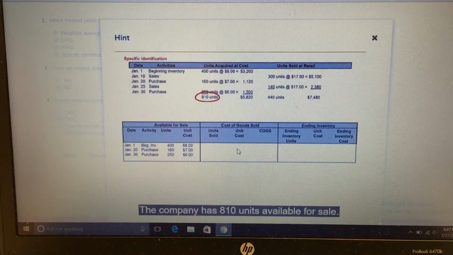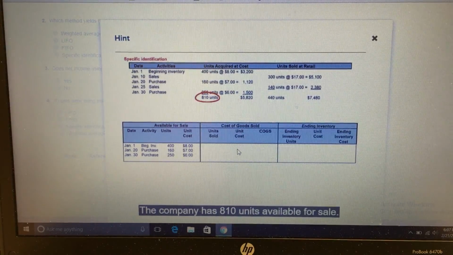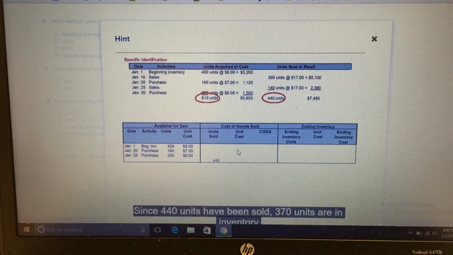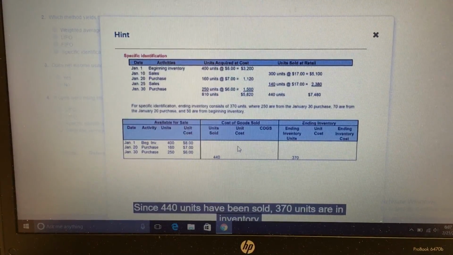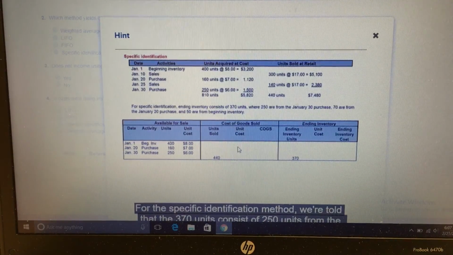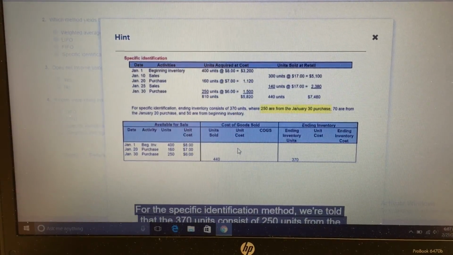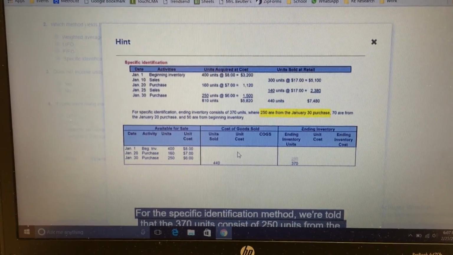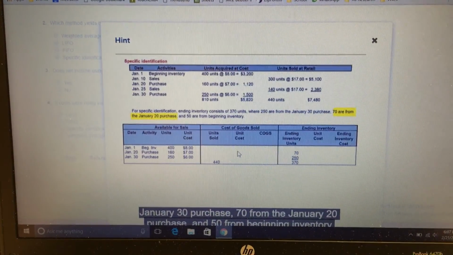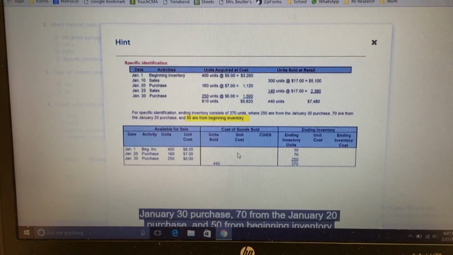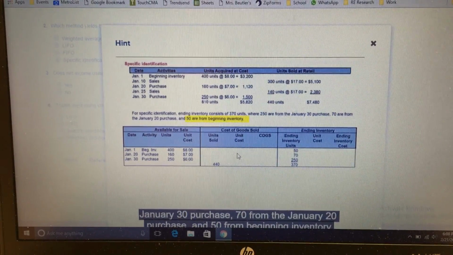The company has 810 units available for sale. Since 440 units have been sold, 370 units are in ending inventory. For the specific identification method, we're told that the 370 units consist of 250 units from the January 30th purchase, 70 from the January 20th purchase, and 50 from beginning inventory.